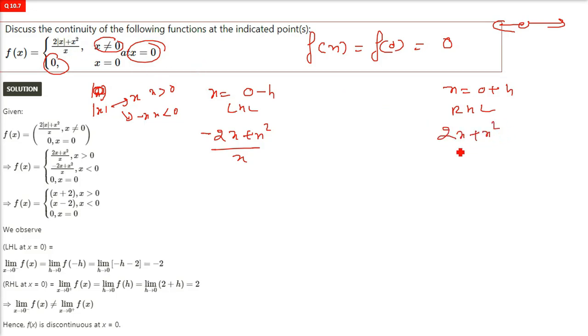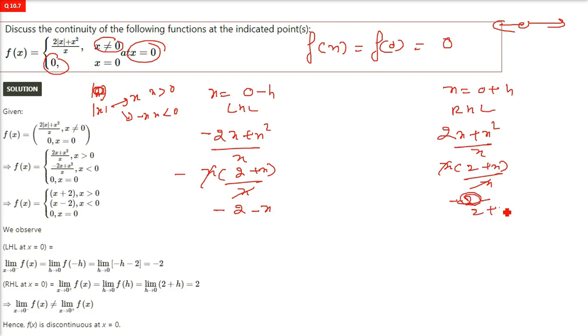I am opening the modulus, so you can take x common in both the sides. So 2 plus x by x. Here also you can take x common. You get 2 plus x by x. x you can cancel. It is going to be minus 2 plus x, and right hand side it is 2 plus x. So you can write minus 2 minus x, and it is going to be 2 plus x. Now x equals 0 minus h, just put 0 minus h, so minus 2 minus 0 minus h here. Here 2 plus x 0 minus h.